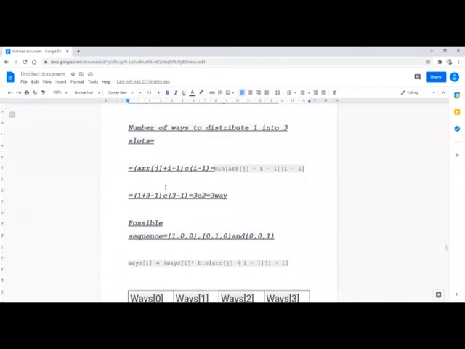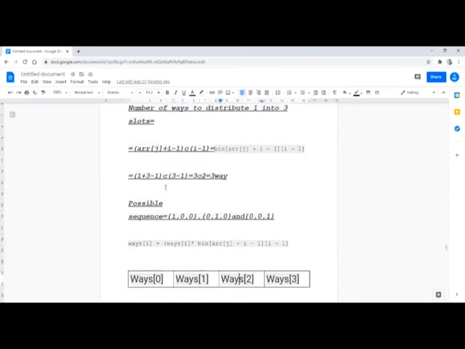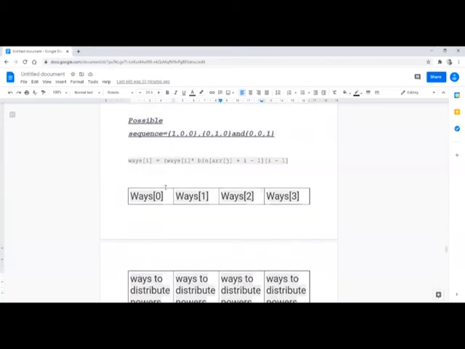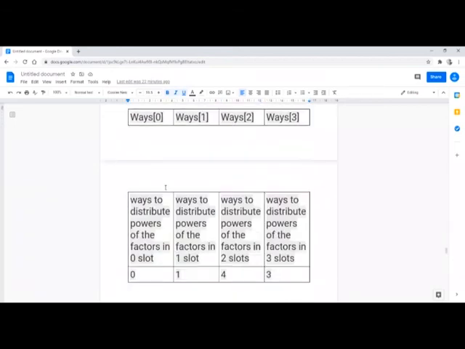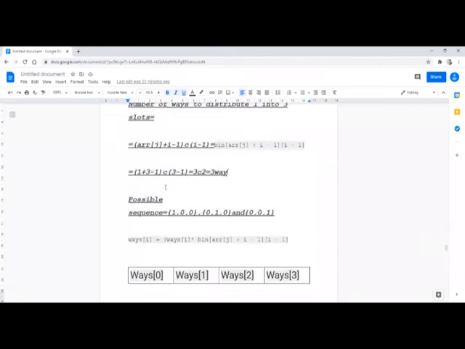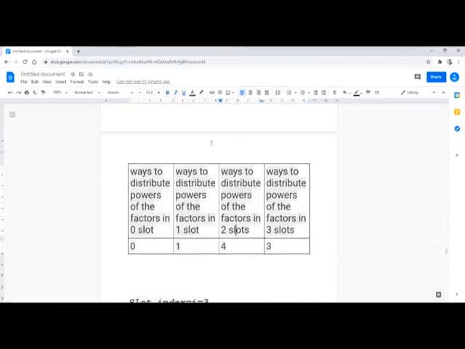The possible sequences are 1 0 0, 0 1 0 and 0 0 1. So ways of i is equal to ways of i into binomial coefficient of array of j plus i minus 1, i minus 1. We multiply ways of 3 with the calculated value 3 here, so we update the table, ways of 3 is updated to 3.